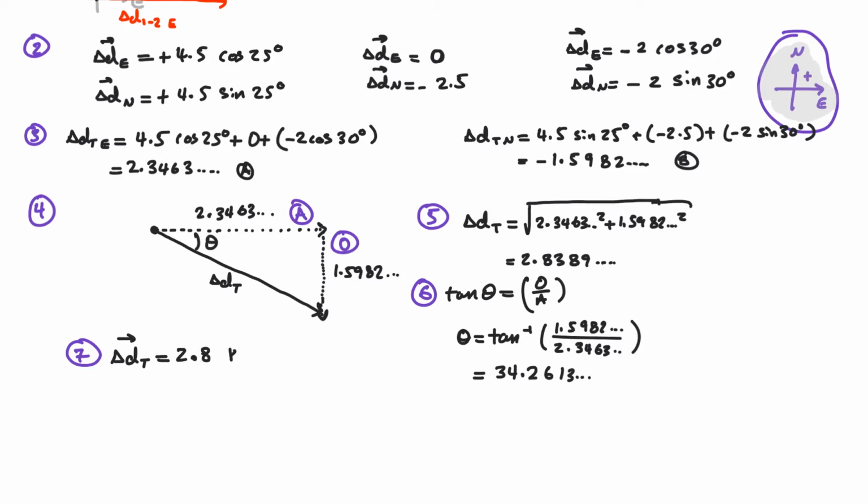My unit is kilometers, and for my direction, if this is east and this is south, I am starting east, moving 34 degrees in the south direction, or this can also be read as 34 degrees south of east. And that is my final displacement.